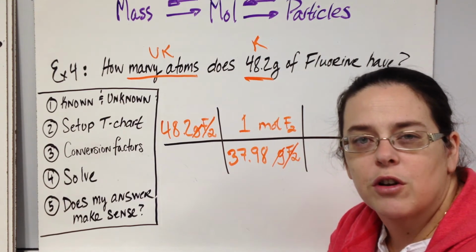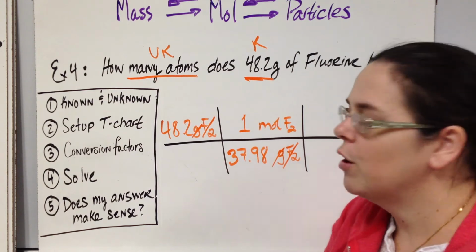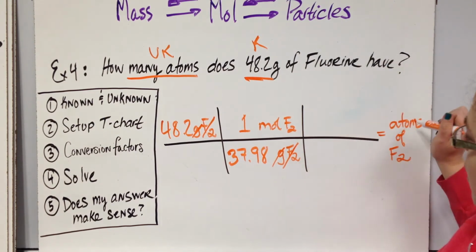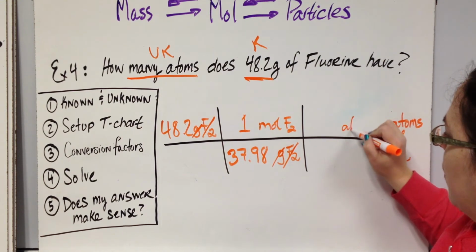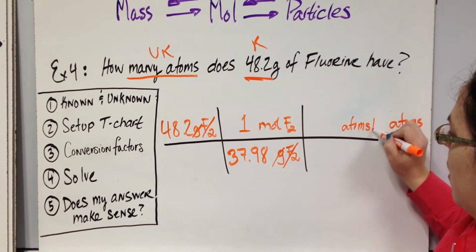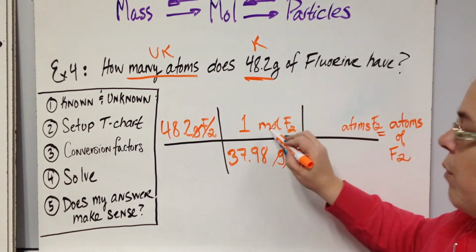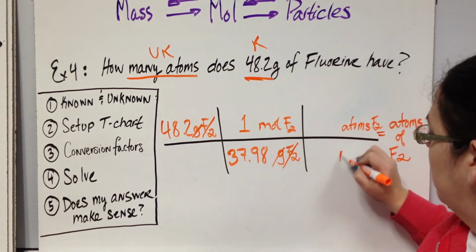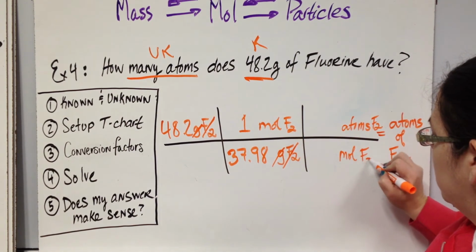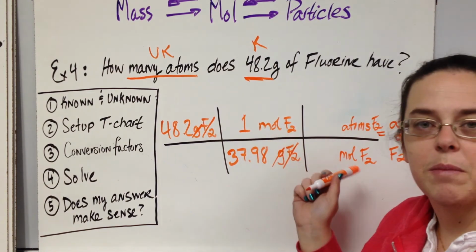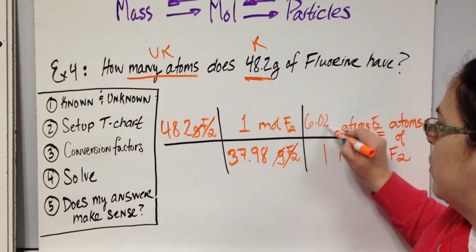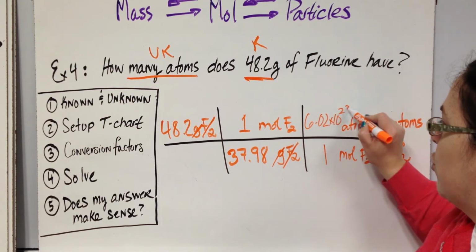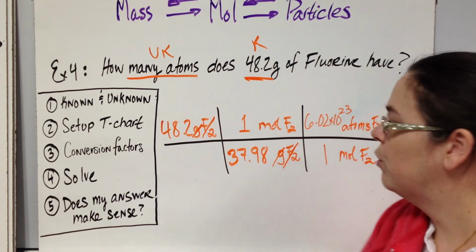So I need another conversion factor. That conversion factor is Avogadro's number. We want to go to atoms, which is what Avogadro's number is in. So I'm going to put atoms of F2 here. And I want to get rid of moles, so I'm going to put moles of F2 on the bottom. It's always going to be 1 mole of F2 is equal to 6.02 times 10 to the 23rd atoms of F2.